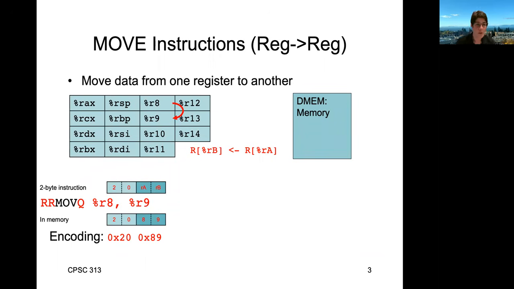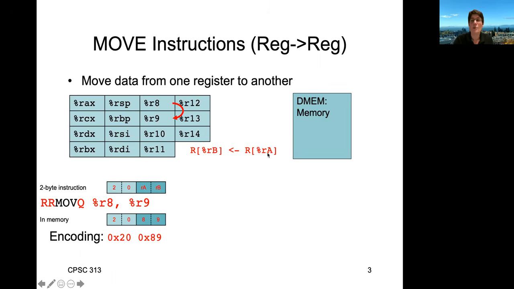We're going to use a notation that precisely describes the semantics of instructions. The way we're going to do that is you can imagine thinking of the register file as an array that is indexed by the name of a register. So in this notation, the name of the register, i.e. the number, is RA. So RA happens to be 0.